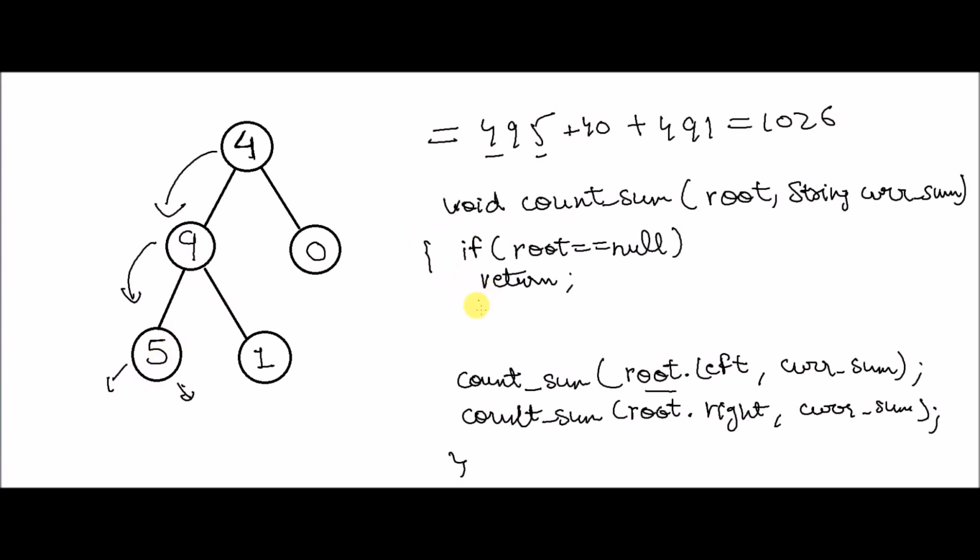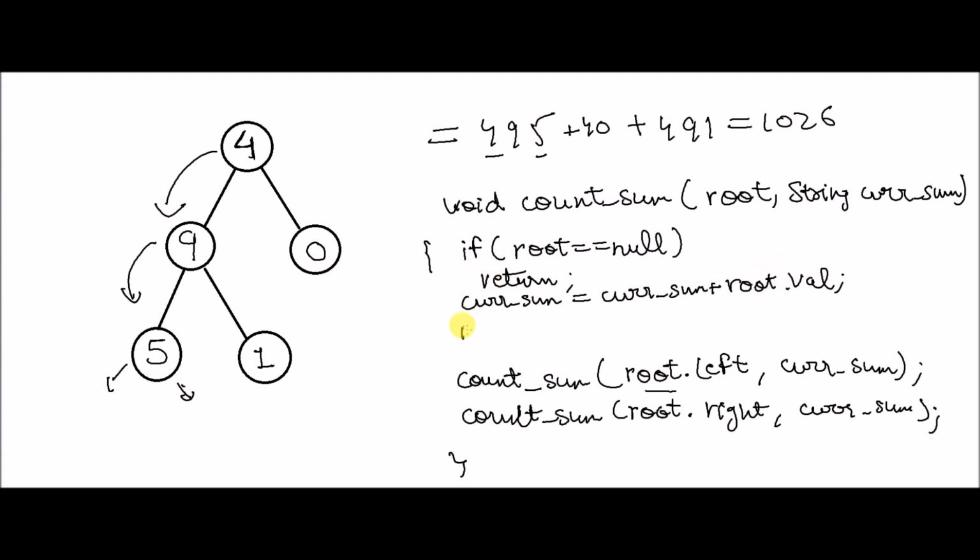So for every call, my current sum will be equal to current sum plus root.val. I am basically adding the value of every node that we are going across.